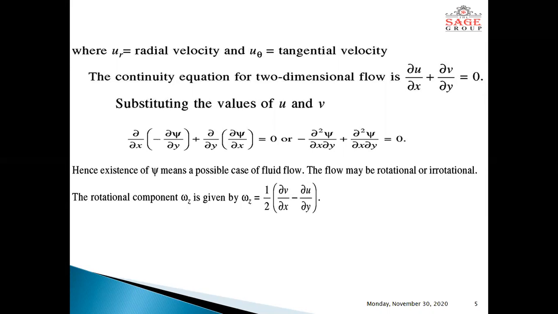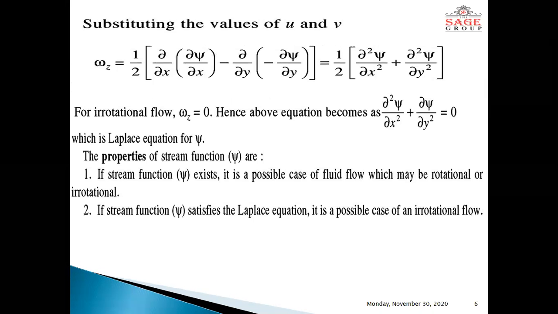The flow may be rotational or irrotational. The rotational component omega z is given by omega z equal to half of del v upon del x minus del u upon del y, where u and v are the velocity components in x and y directions.